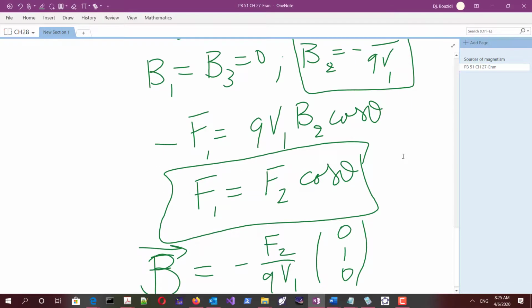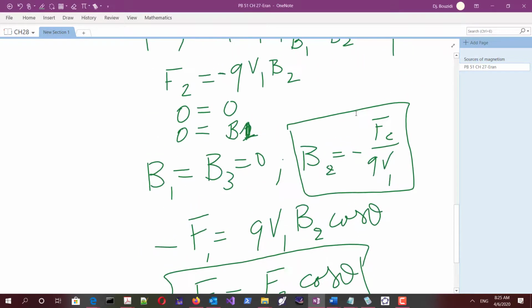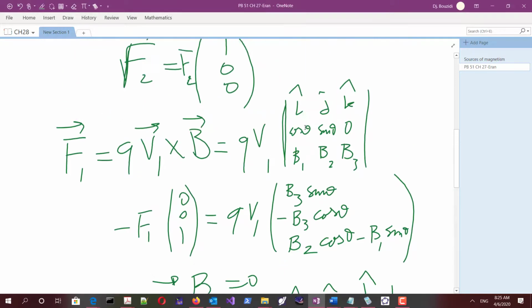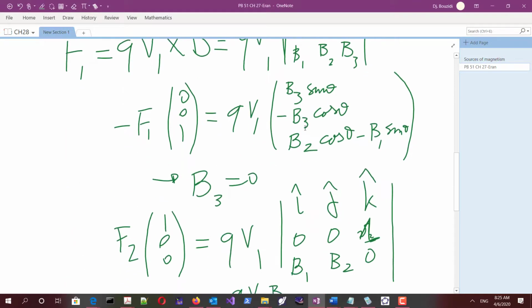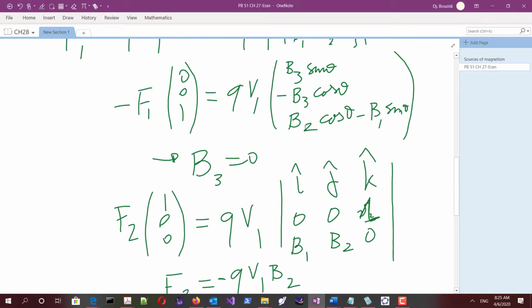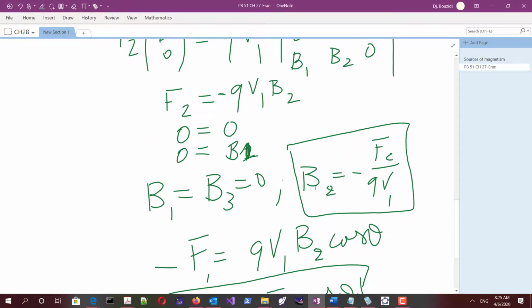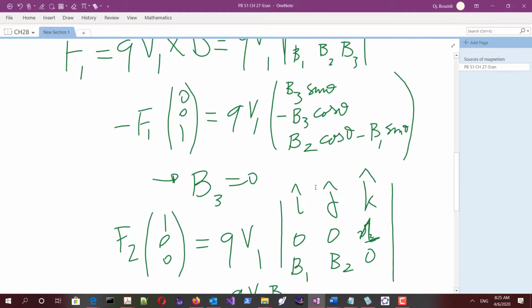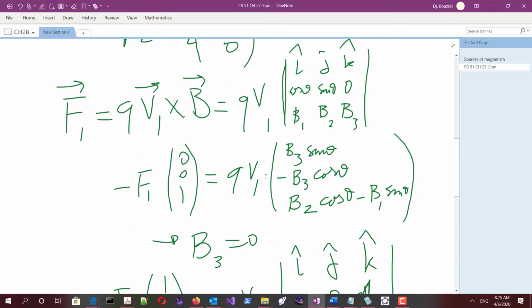Now, if I go back to the other expression that we found earlier, there was another relationship that we found to begin with. Negative F1 times 1 in the z direction is equal to B2 times cosine theta minus 0, because B1 is 0.